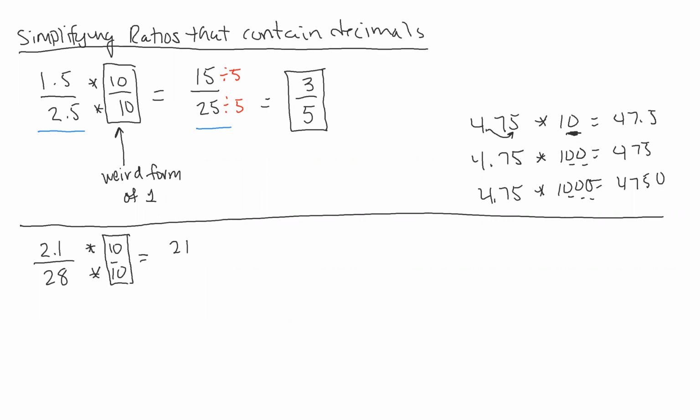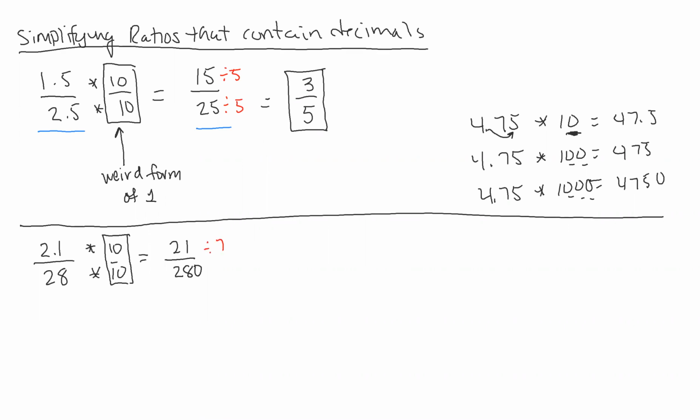So really what we've done is we've multiplied this ratio by a weird version of 1. And now I've got 21 over 280. All right, so I know that 21 and 28 are both divisible by 7. So let's go ahead and say that 280 is going to be divisible by 7 as well.